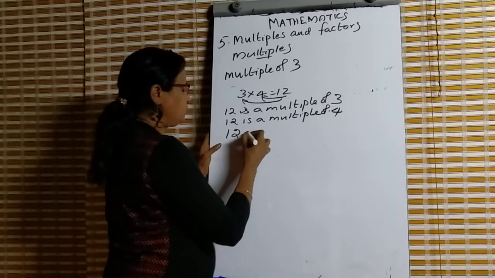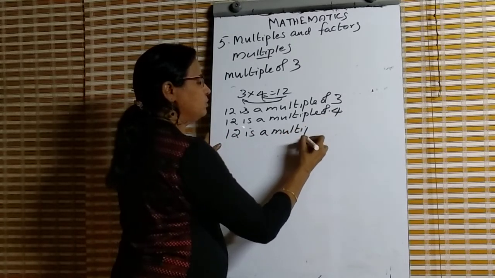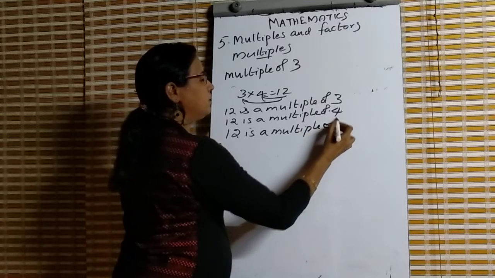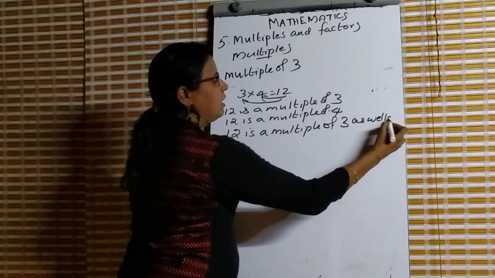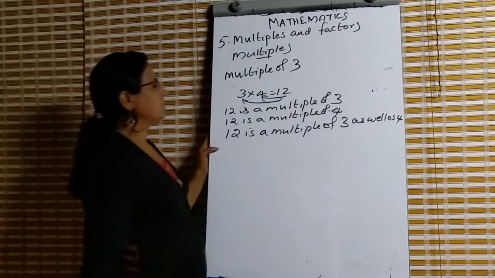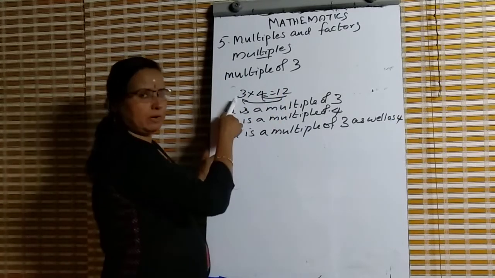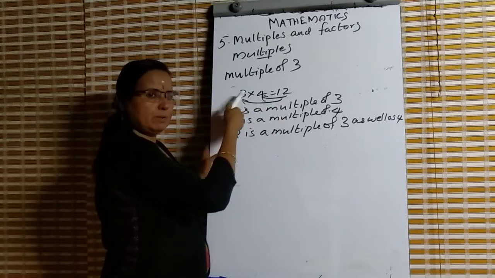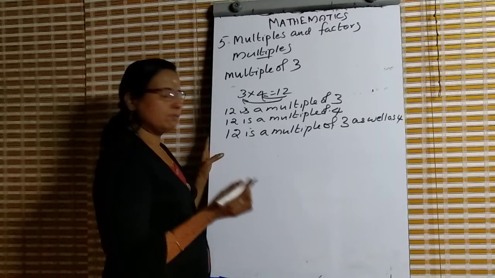That means 12 is a multiple of 3 as well as 4.